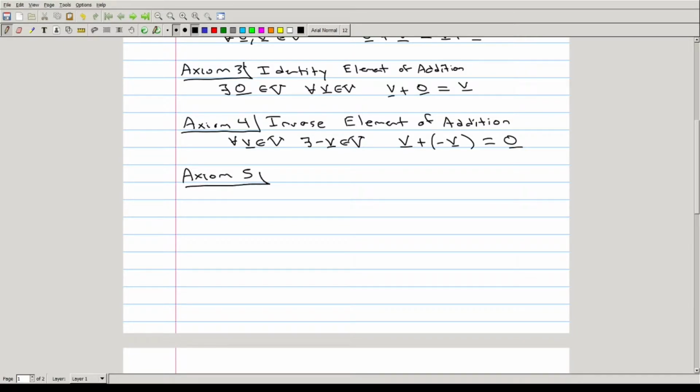Axiom 5 deals with compatibility of scalar multiplication with field multiplication. So it deals with scalar multiplication.